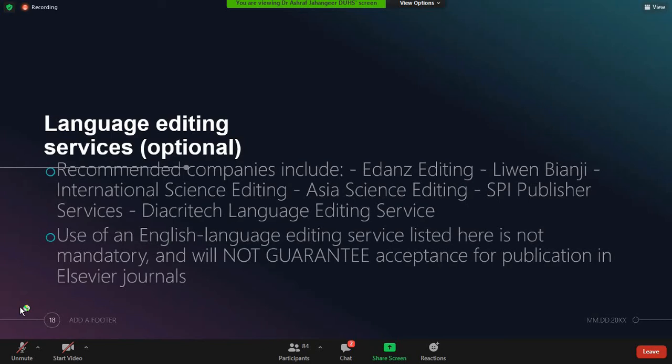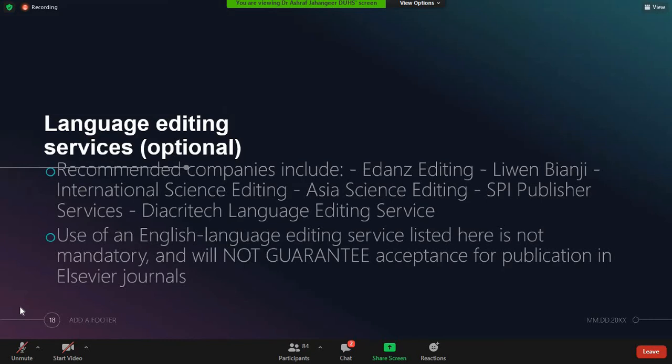It seems that people are trying to fool around the scientific writers, and they claim something which they cannot deliver. For example, if you submit your paper to a certain journal, that journal asks you to please professionally language edit your paper and then submit, and then we'll accept that.